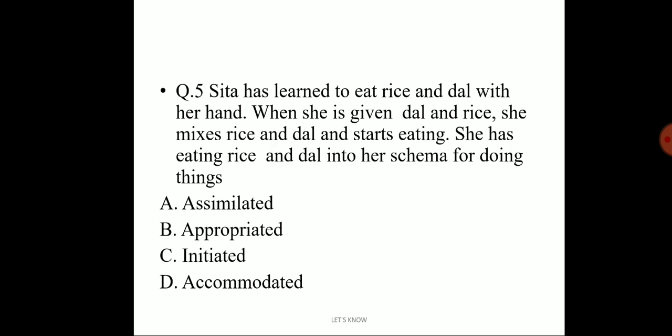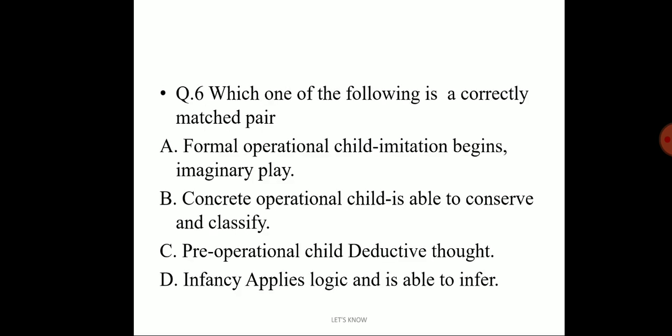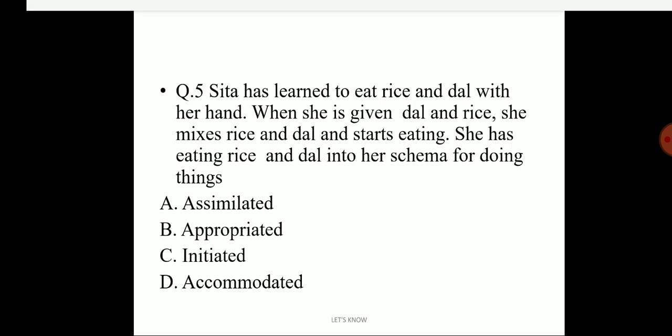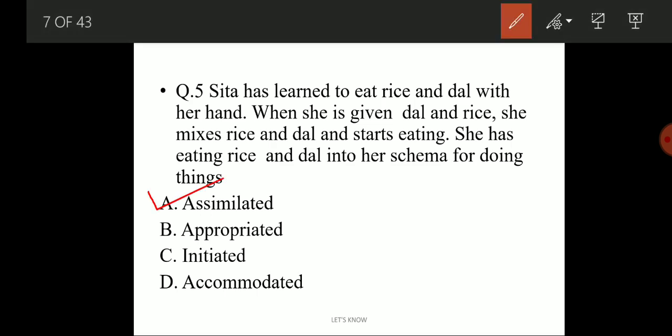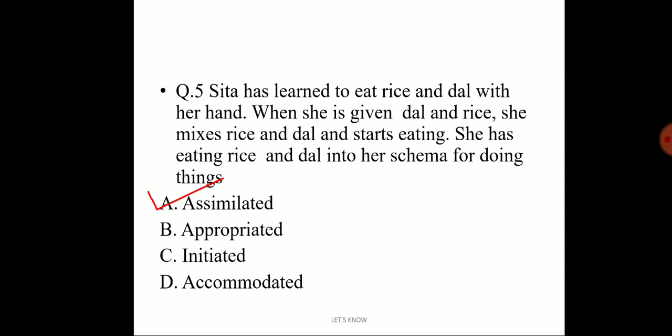And as a result of assimilation, accommodation occurs. Here Sita learns, that means she gathered the knowledge about how to eat. So the option is assimilated. Correct option, assimilated. Next slide.